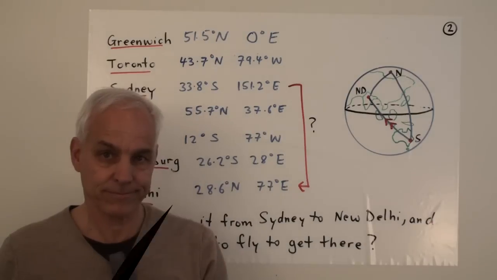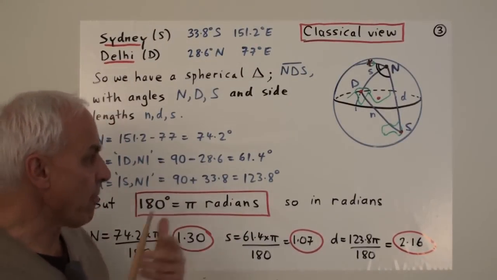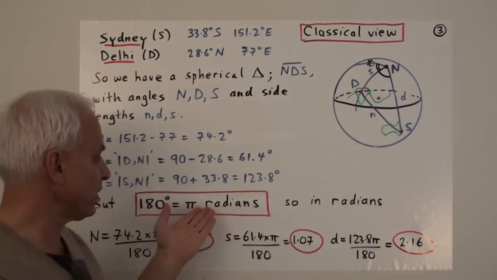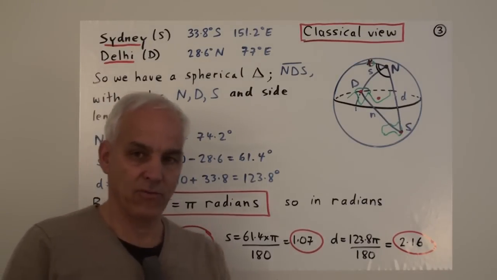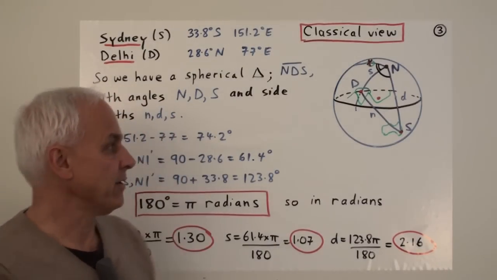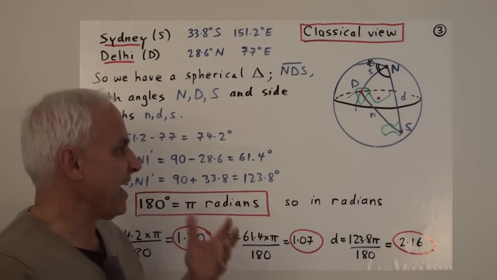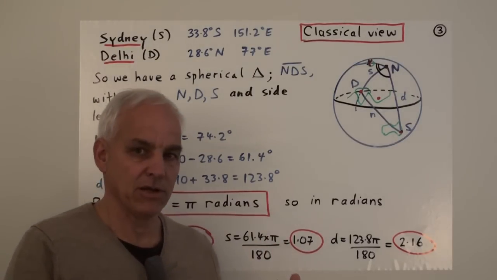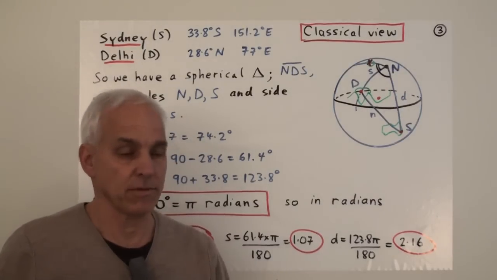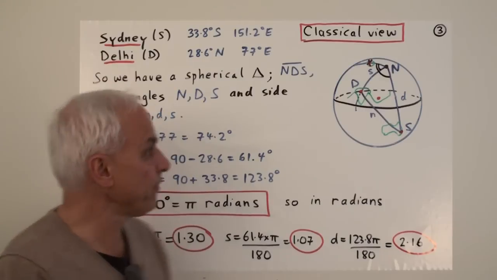Okay, so let's solve this problem in a rather modern language using the current system of measuring angles in radians. Historically, people would have used degrees, so it's a little bit different, but the essence of what I'm going to be talking about is really contained in Arabic, Persian work about 1,000 years ago. So it was really essentially known for quite a while.